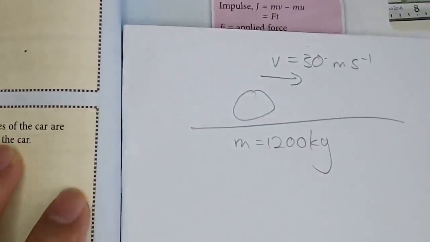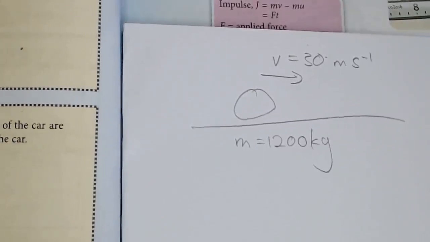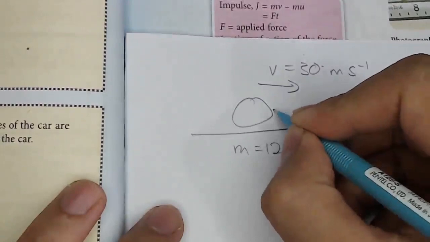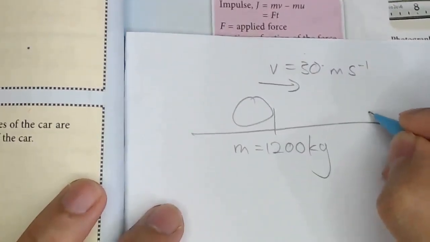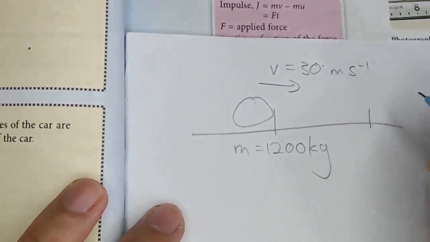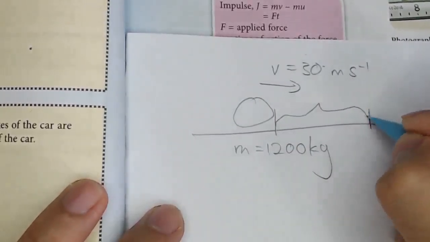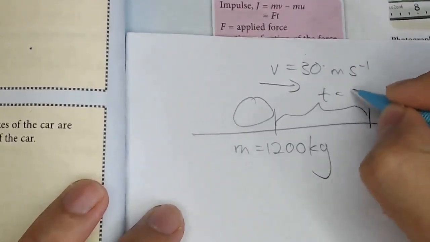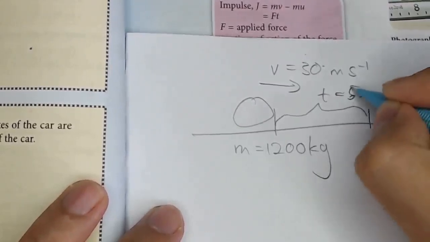When the brakes of the car are applied, the car stops in 5 seconds. So from where the brake is applied until it stops, it takes a duration of 5 seconds.